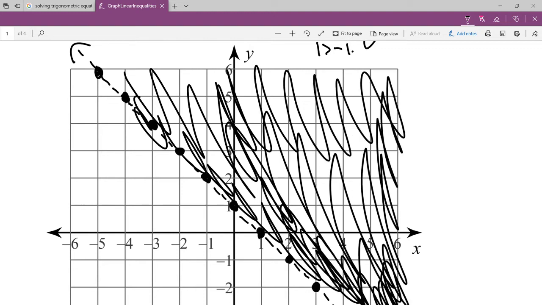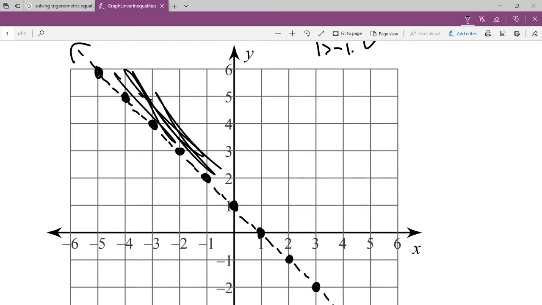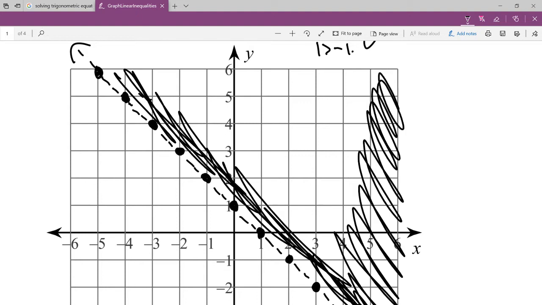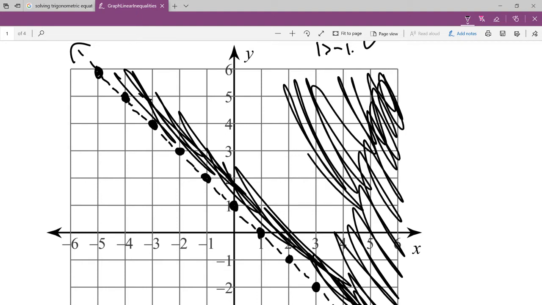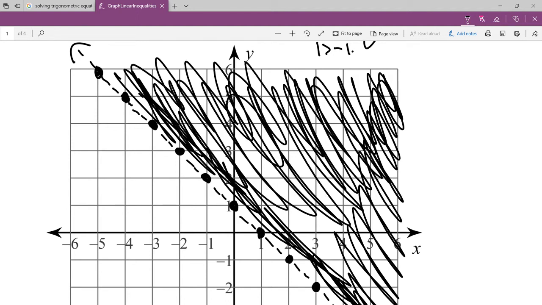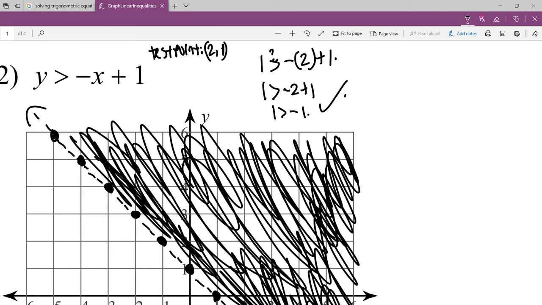So that's how you would do it. You would shade above this line, saying that all the solutions, or all the coordinates above this line are solutions, because you can also say that 3 is greater than negative 2 plus 1, and 3 is greater than negative 1.